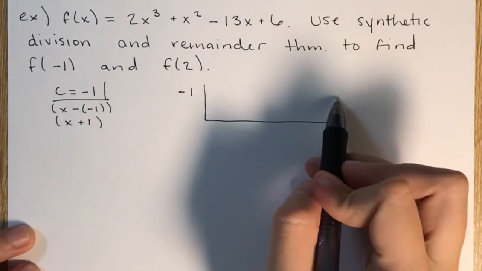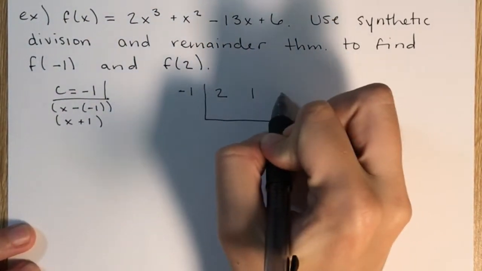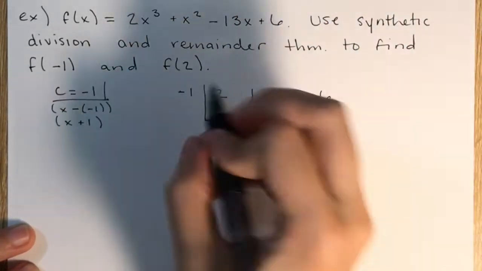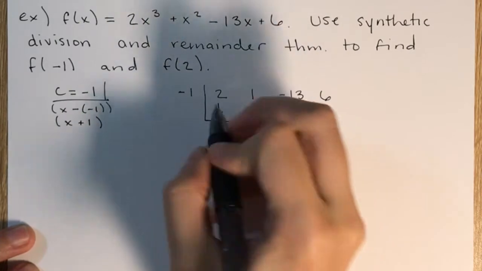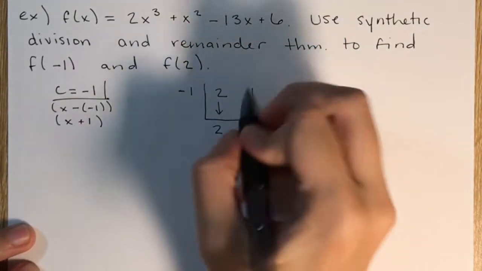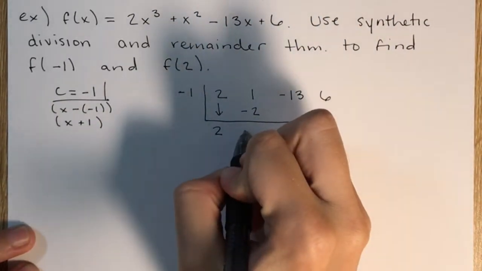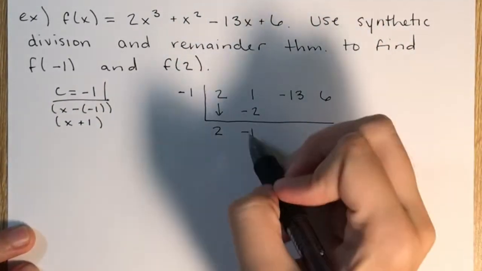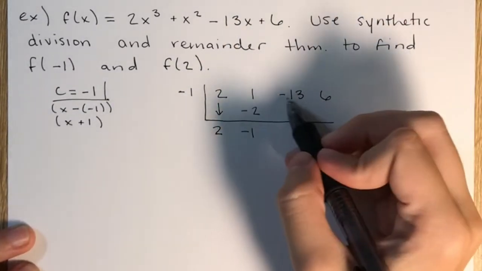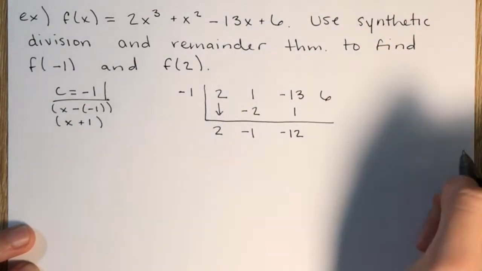We follow with the coefficients of what we're dividing: 2, 1, negative 13, and 6. Our first step is to bring down the leading coefficient. Then we multiply, so we get negative 2. We add the column up, so we have negative 1. Negative 1 times negative 1 gives me positive 1. Negative 13 plus 1 is negative 12.